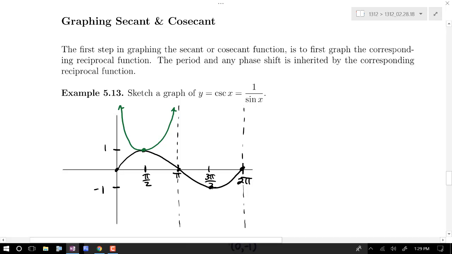So they touch right here, at that extreme, at that valley in the curve. Now, as my x's get close to pi, sine gets close to 0. What has to happen to this graph? It has to go downward toward negative infinity, right? It was either going to go up or down, but the graph is negative here, so it has no choice but to shoot downward toward negative infinity. Likewise, over here at 2 pi.